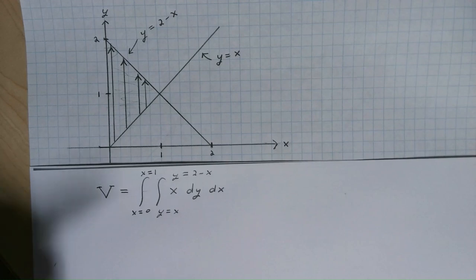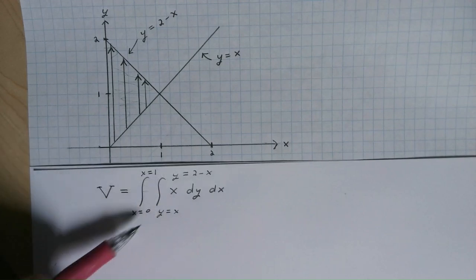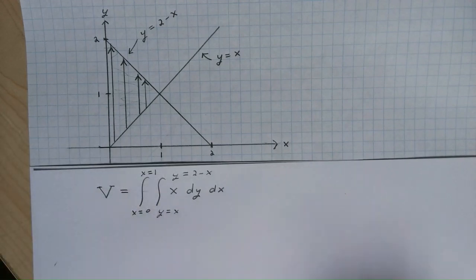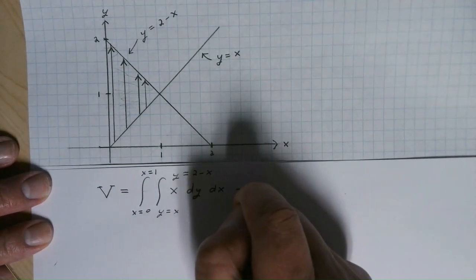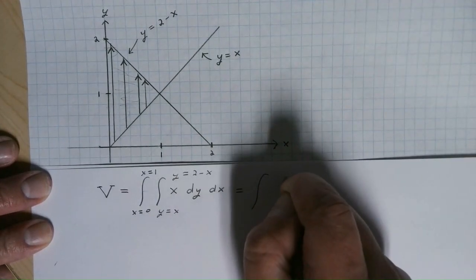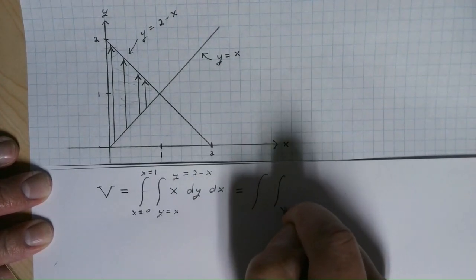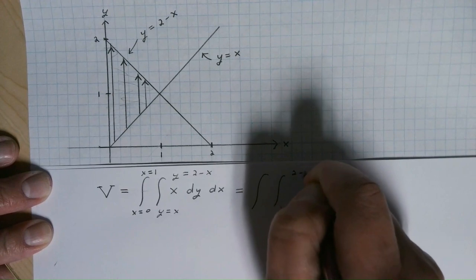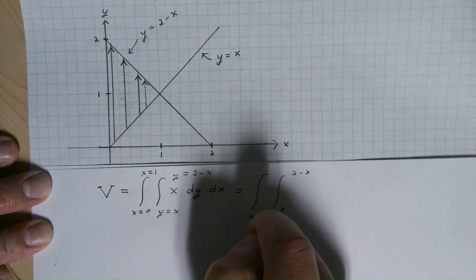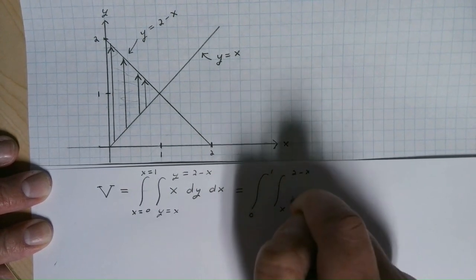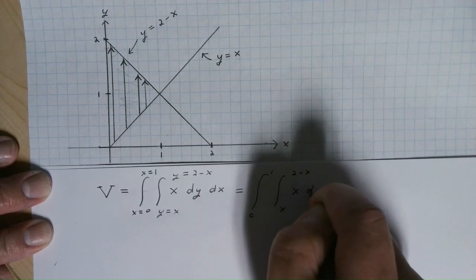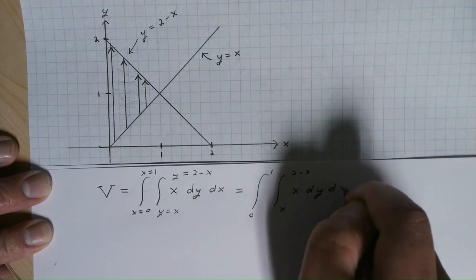Now, most people don't put the y equals and the x equals the way I do. So if you want to be more consistent with what the textbook uses, then I'll just put x here, 2 minus x here, and 0 and 1, x dy dx.